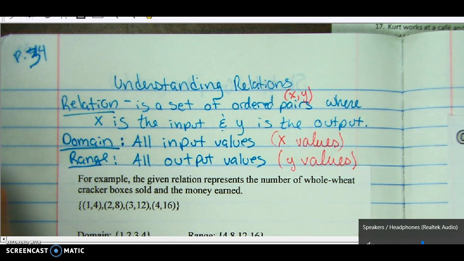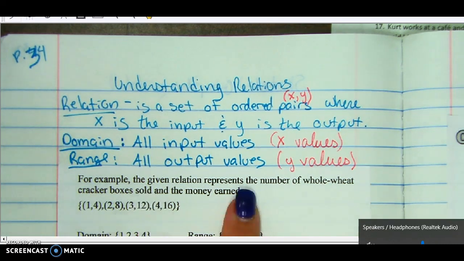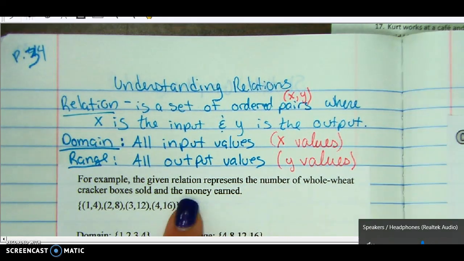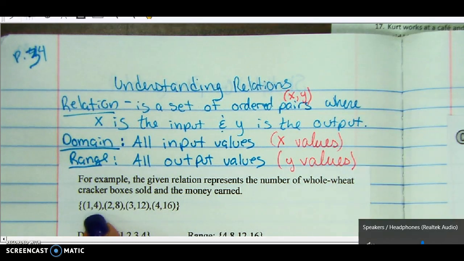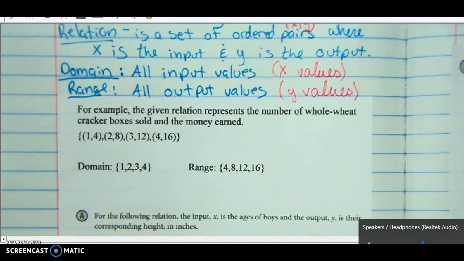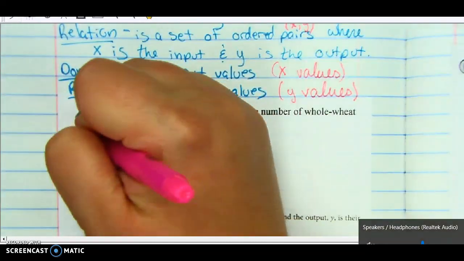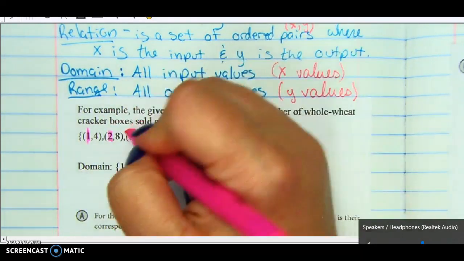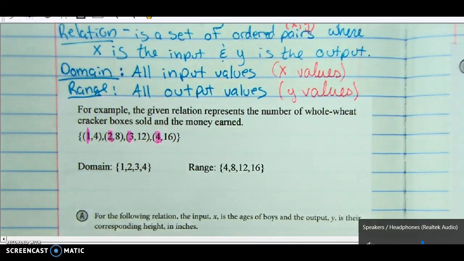Okay, so if we look at this first one here, this relation represents the number of whole wheat cracker boxes sold and the money that they earned. So we have 1, 4, 2, 8, 3, 12, and 4, 16. So the domain is all of the X values. So our X values, 1, 2, 3, and 4.